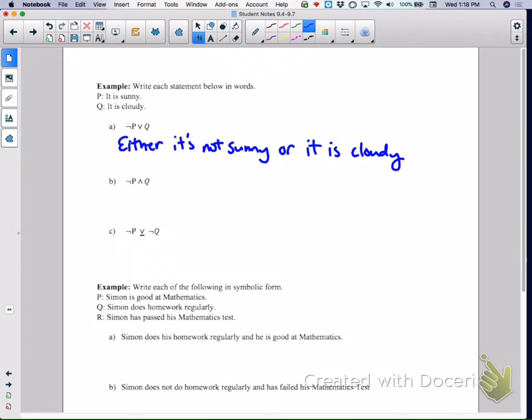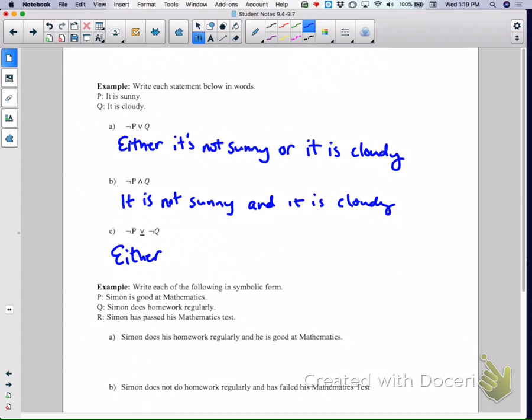For B, we've got not P again. This time though we have the other symbol. So this is our symbol for and. So it is not sunny and it is cloudy. And then finally, this is going to be another either or, but this is going to be the one that's not both.